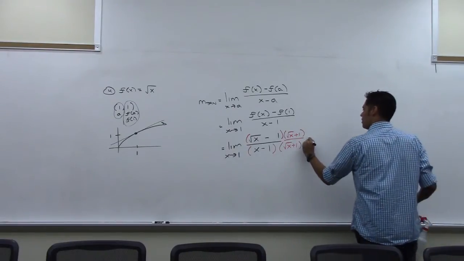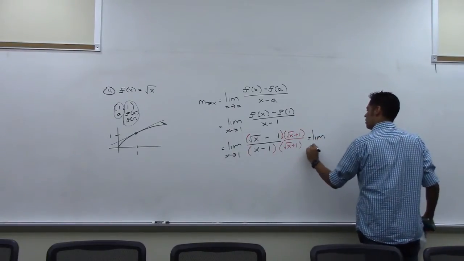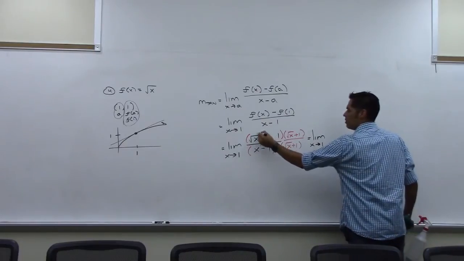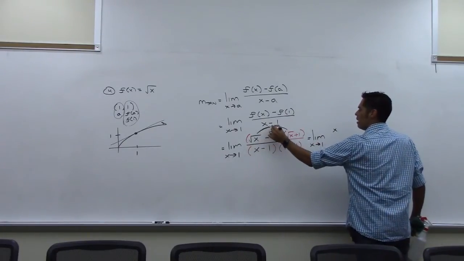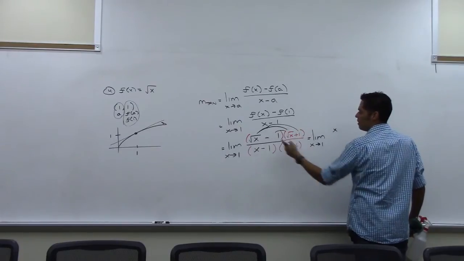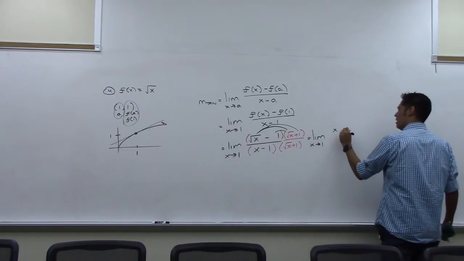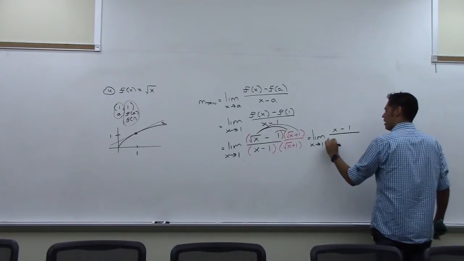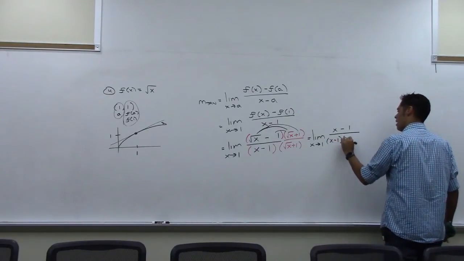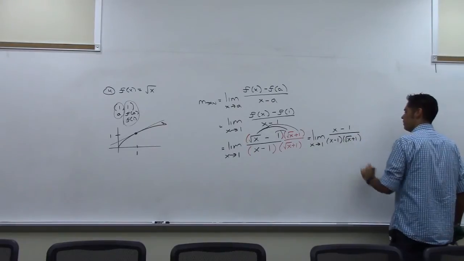Let's see what happens. Limit, x approaches 1. So when we do this times this, we just get x. The middles don't matter. This and this cancel, and then we have -1 and +1 that multiplies to be -1 over the bottom, x minus 1. And I told you in class, don't multiply these out, leave them.